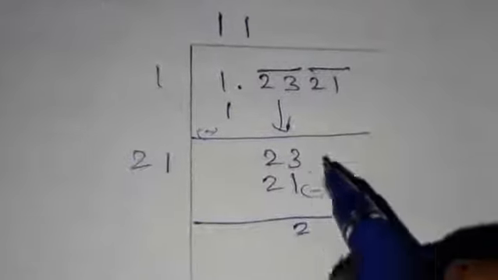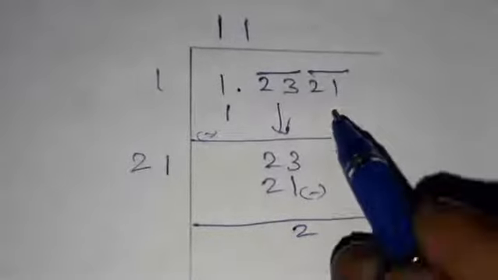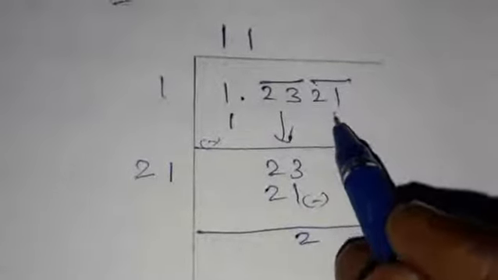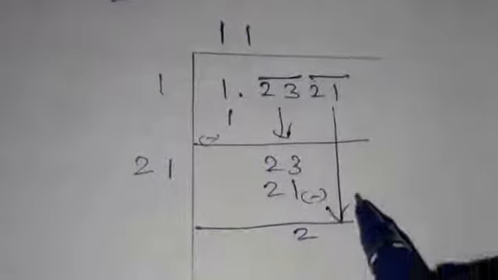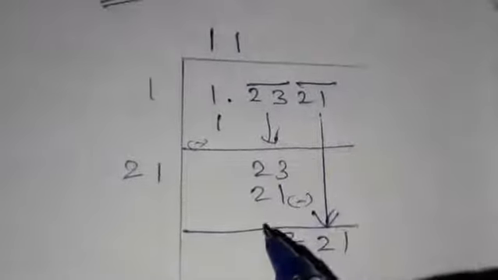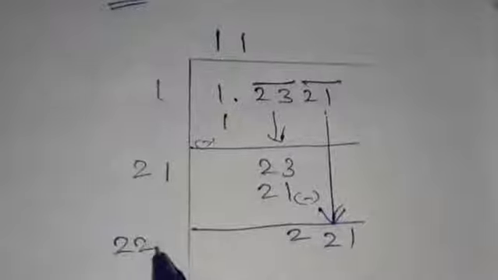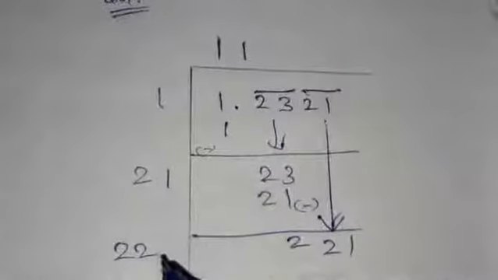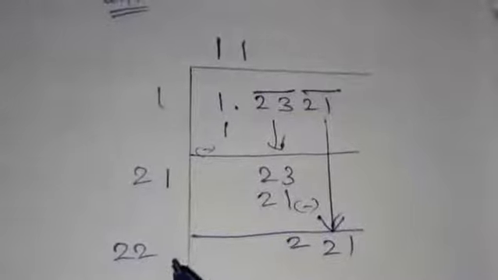0 has no value. Next, we have to bring down the next period here, 21. After that, we have to multiply the quotient by 2. 11 times 2 is 22. Next, we have to put a number in the quotient and in the blank place.